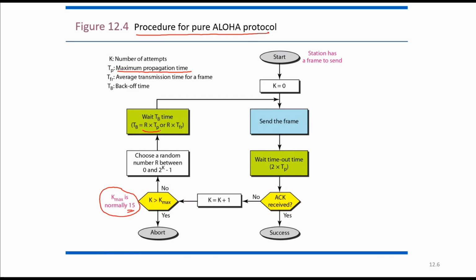Either it is R times TP, or R times TFR, where TFR is the average transmission time for a frame. We can consider both similar. This is how the procedure is followed for pure Aloha.